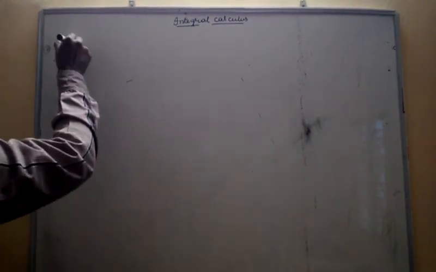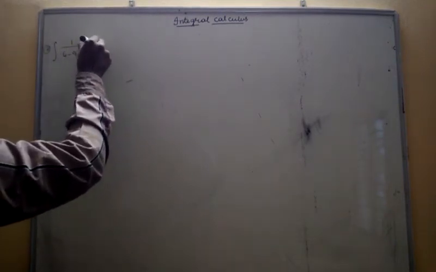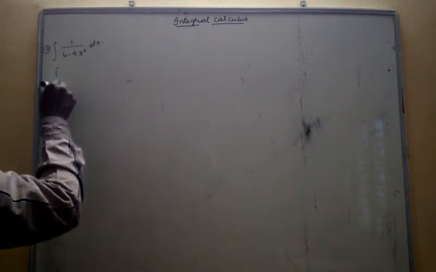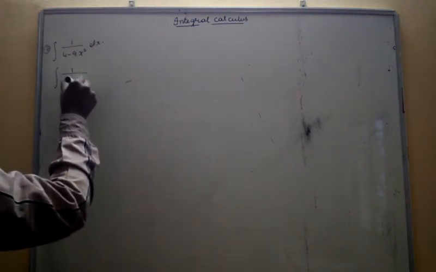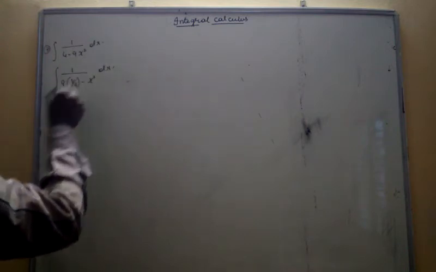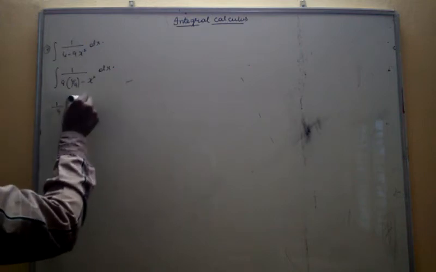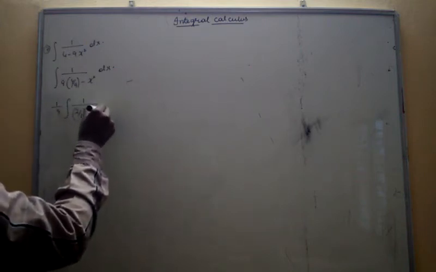Integration of 1 by 4 minus 9x square dx. In this you can remove the common factor 9. If you remove common 9, it is 4 by 9 minus x square dx. Again 1 by 9 is a constant. Integration of 2 by 3 whole square minus x square dx.